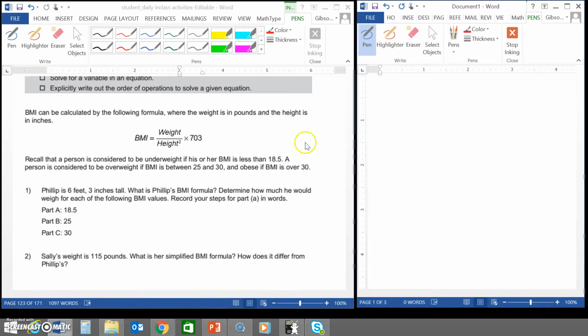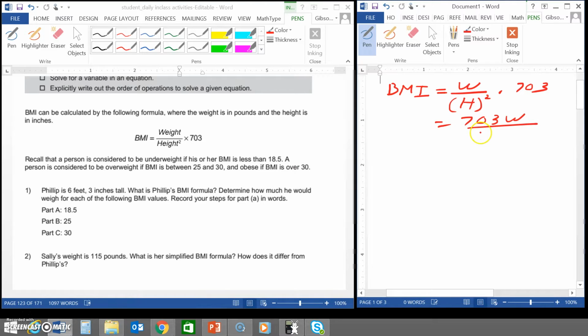Okay, so part A. The BMI, again, is his weight, and I'll just put W, over his height squared, times 703. So this ends up becoming 703 times the weight over the height squared. Now we have to take this information.